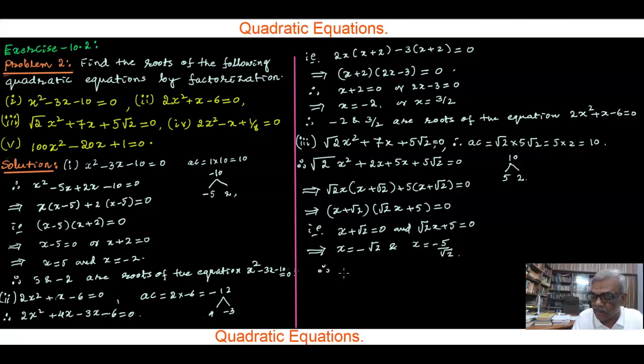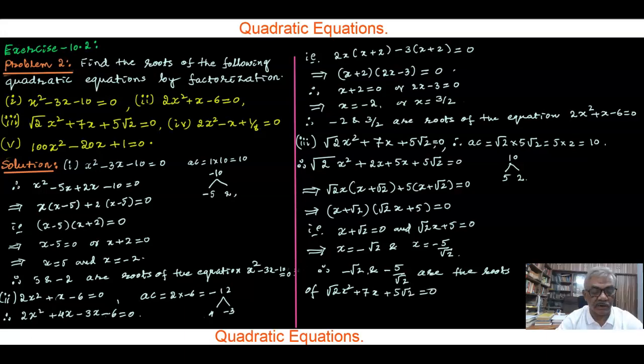Therefore, minus root 2 and minus 5 by root 2 are the roots of root 2 x square plus 7x plus 5 root 2 equal to 0.